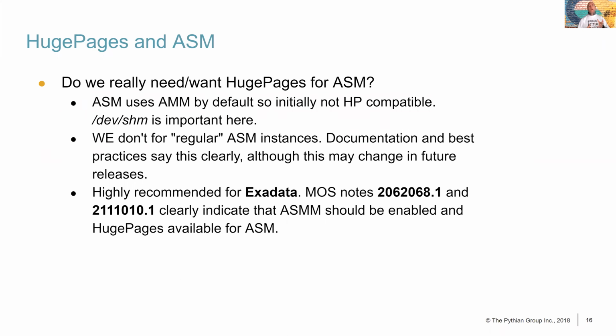Basically the message here is, okay, ASM instance is typically very small, but in systems with a huge amount of ASM disks, the ASM SGA and the table that it uses to map disks, blocks, etc., may grow very big. So for those cases, changing the ASM instance to be not AMM but ISMM and enabling HugePages is typically a good idea.